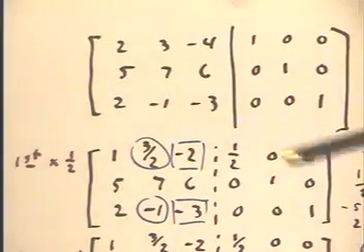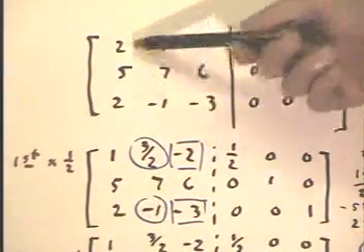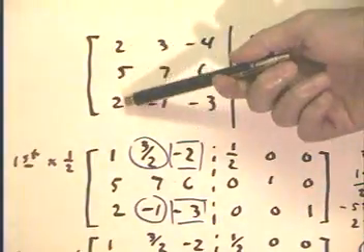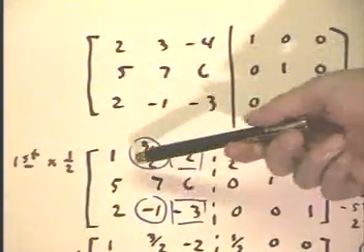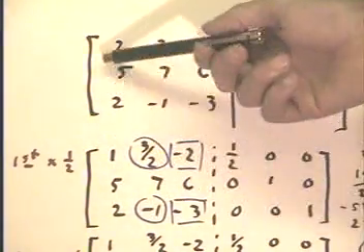So let's begin. Here's the matrix we want to reduce. Now our goal is to get the identity over on this side. So what do we do first? Well, I recommend first that, as before, we're going to want to get zeros down here. As a preliminary to getting the zeros here, let's get a 1 here, because that's going to make our arithmetic a little bit simpler. And we ultimately want a 1 here anyhow, so let's go ahead and get it. So we're going to take the first row here.